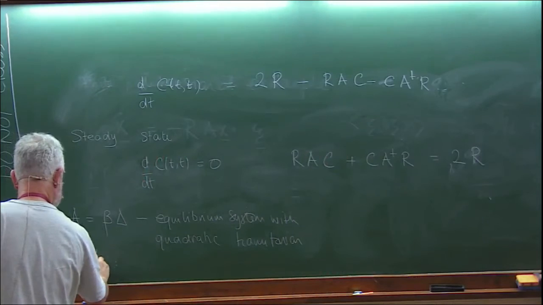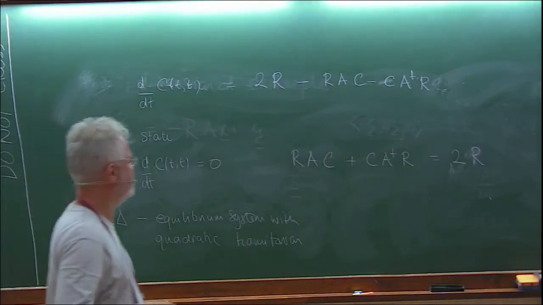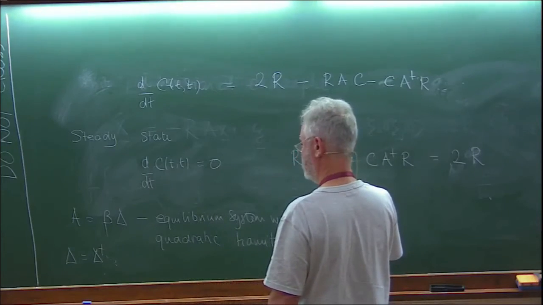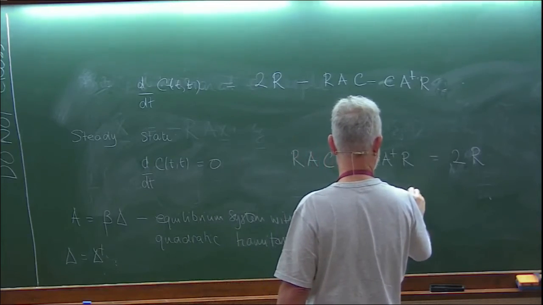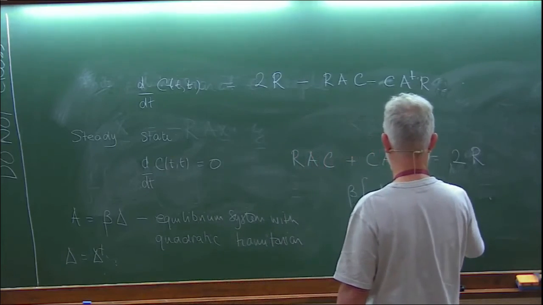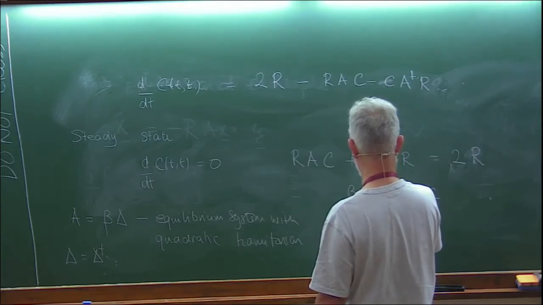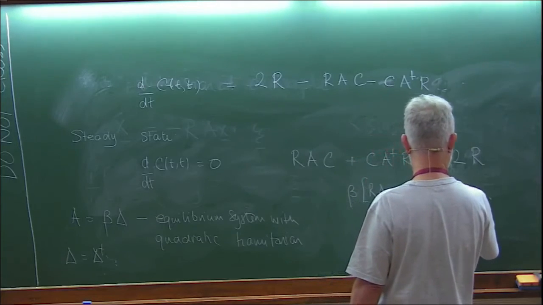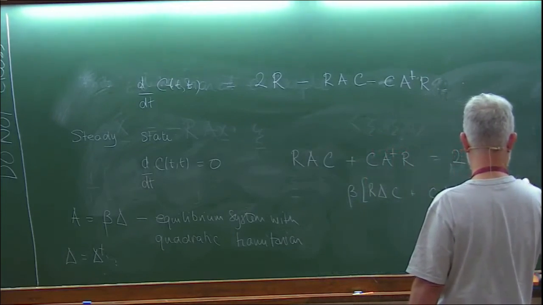So if it's real, delta is equal to delta dagger, then you write this equation as beta times delta C plus C beta, so R delta C plus C delta R is equal to twice R.